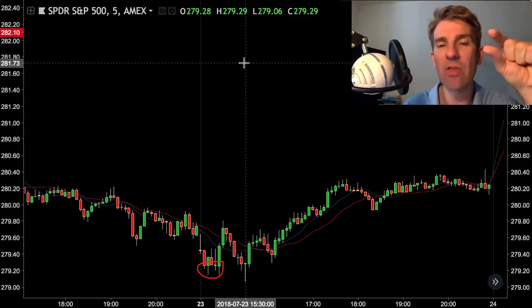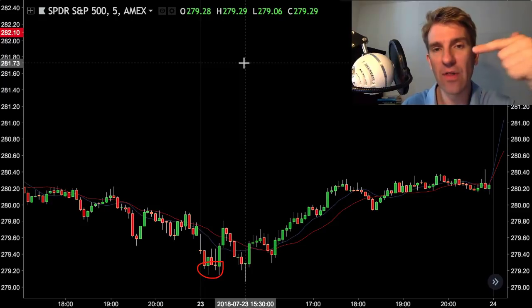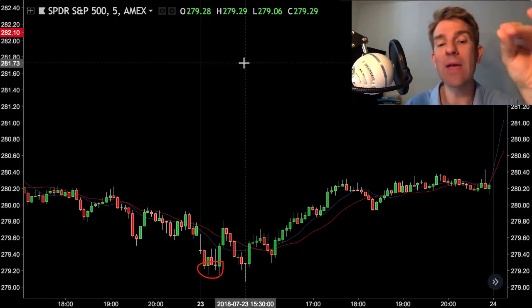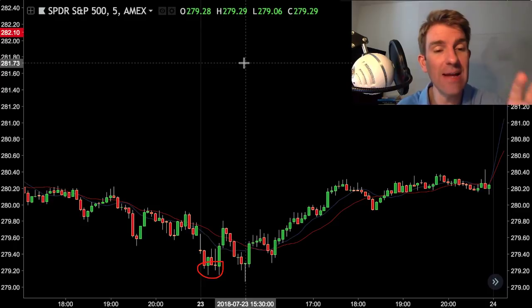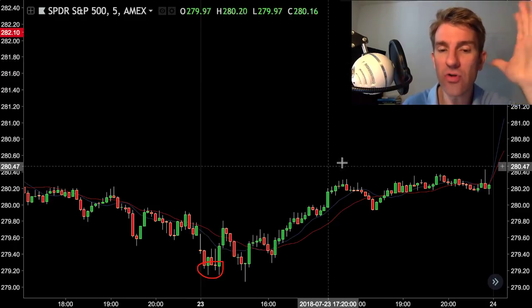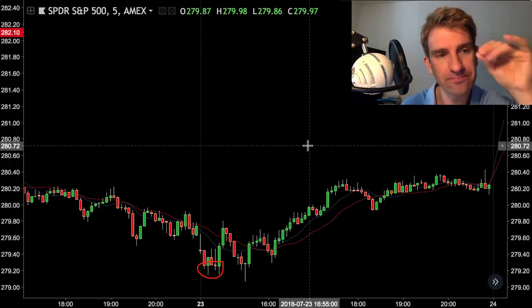When you get that, you take a subsequent long on the break of the last high, or you wait for a pullback to the 9 period, and or depending on how you're trading it, you wait for a pullback to the 18 period. So you've got some options, which is why I think this is worth investigating a little bit more.